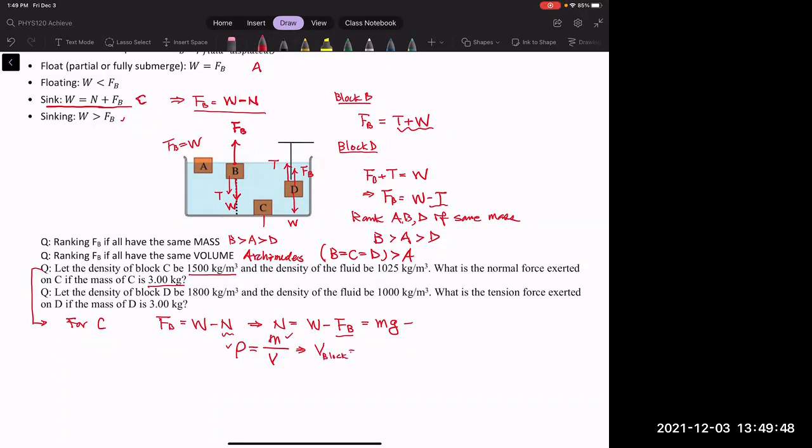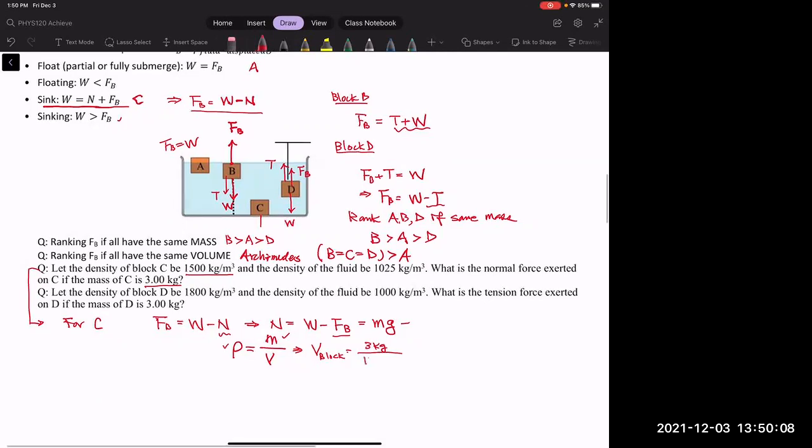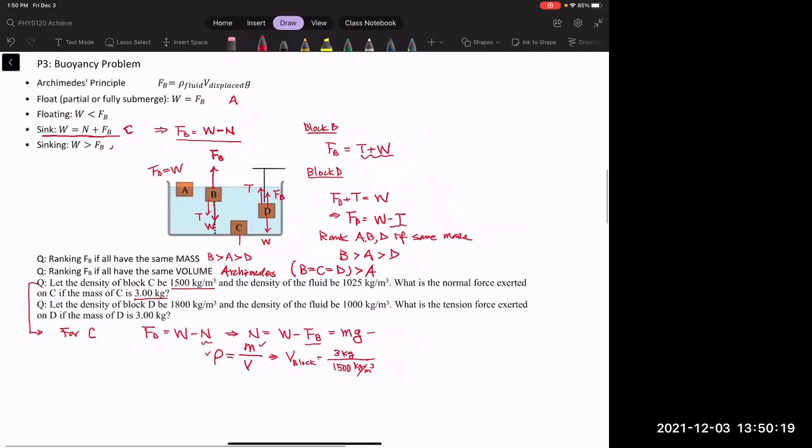That is equal to 3 kilograms divided by, wait, no, let's see, yeah, it's mass divided by the density. The density is 1500 kg/m³. And then you put the V block here.